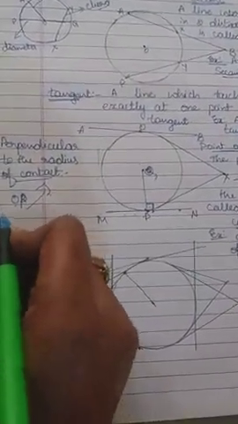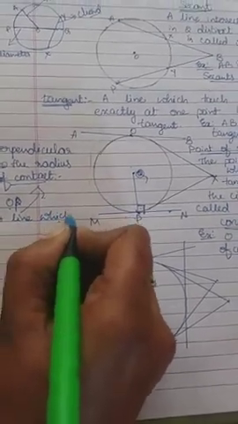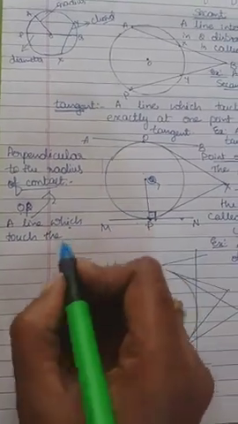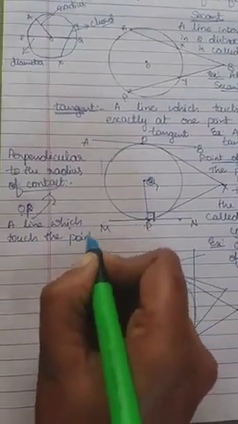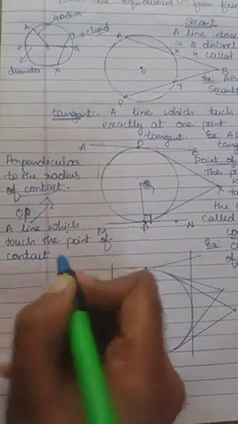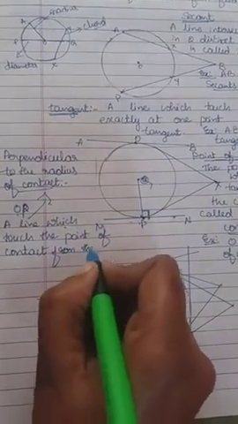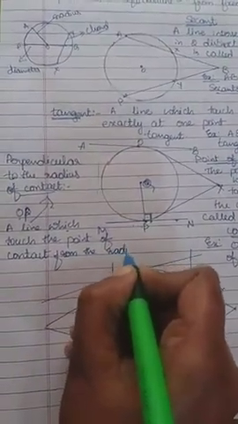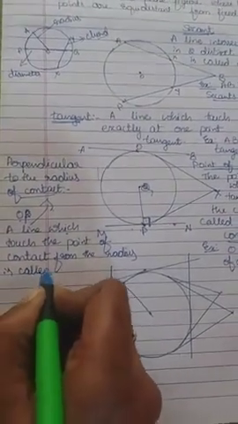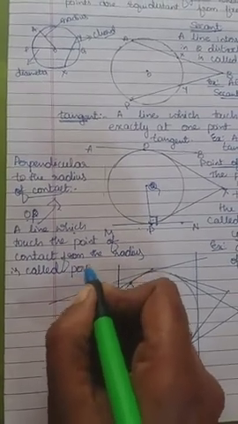You can write that: a line which touches the point of contact from the radius is called perpendicular to the radius of contact.